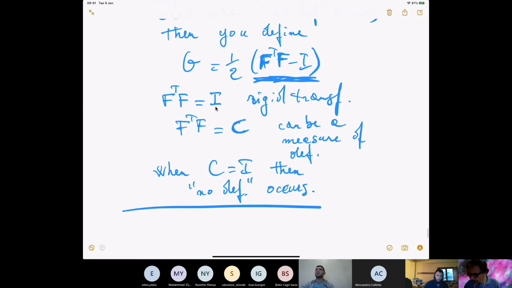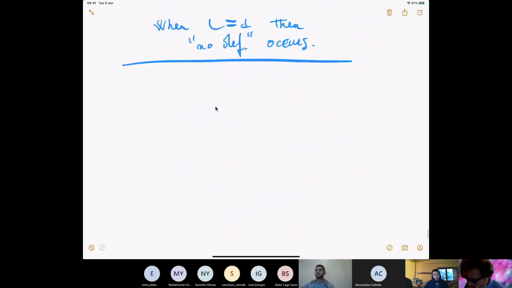Okay. So I think that this point is clear. Okay. So what is F transpose F doing?